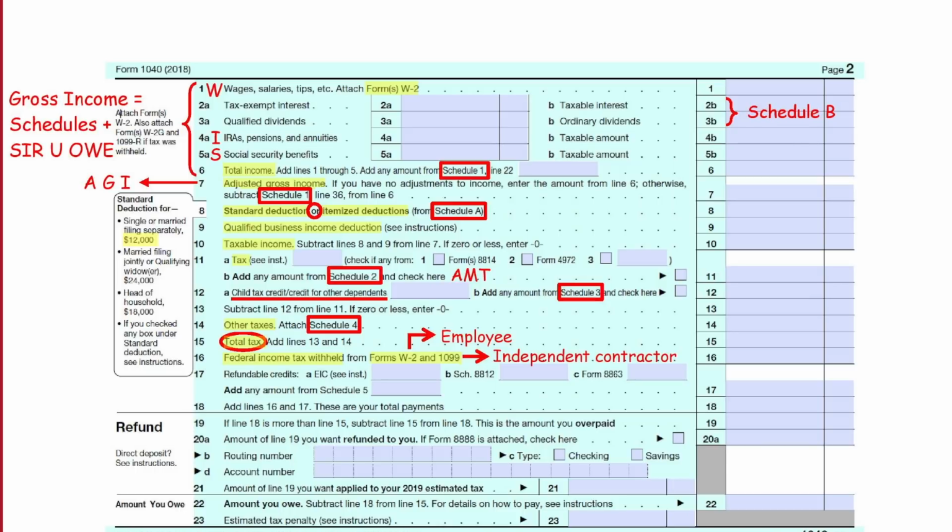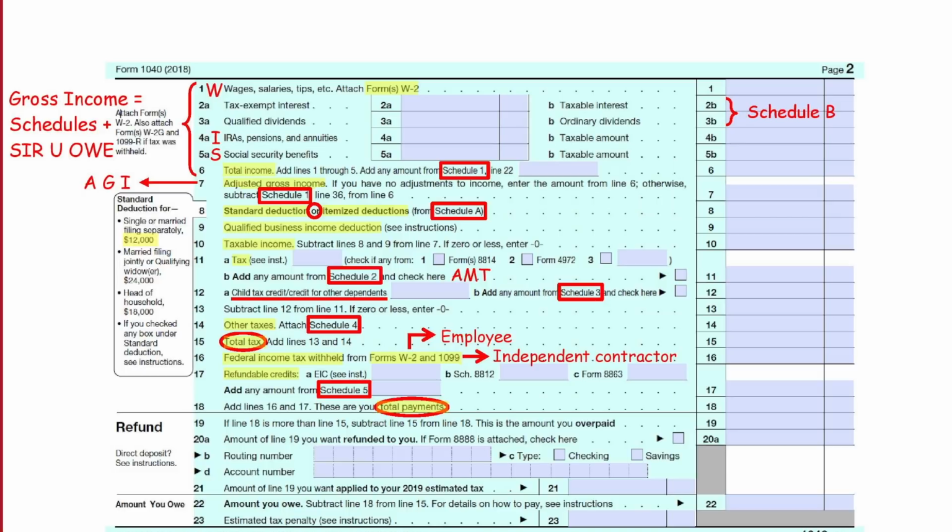Line number 17 is refundable credits, and put a box around Schedule 5. Line 18 says add lines 16 and 17. These are your total payments, and circle that.